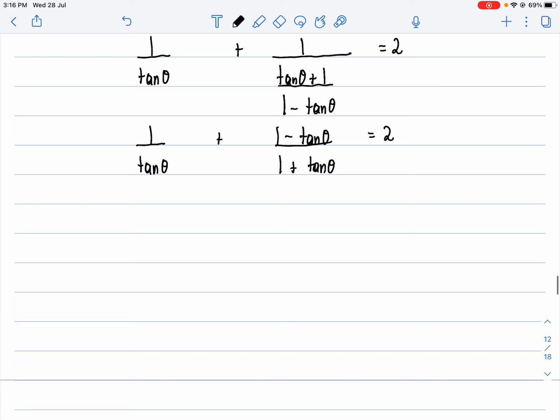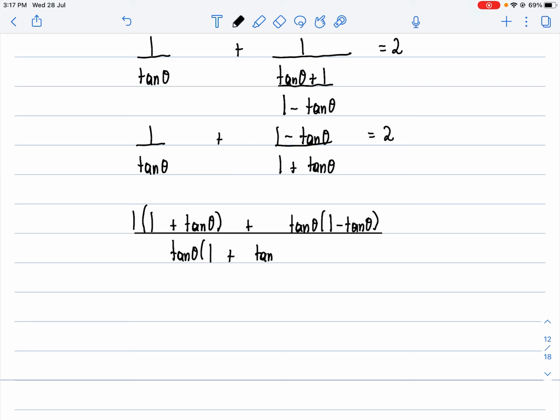So now I can simply write this as 1 multiplied by 1 plus tan theta plus, I can do tan theta multiplied by 1 minus tan theta, correct, which is simply divided by, correct, I can do tan theta multiplied by 1 plus tan theta, which is equal to 2.